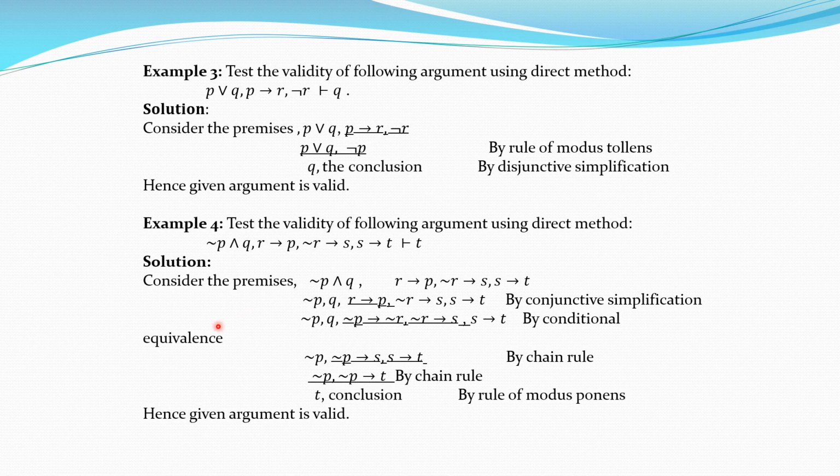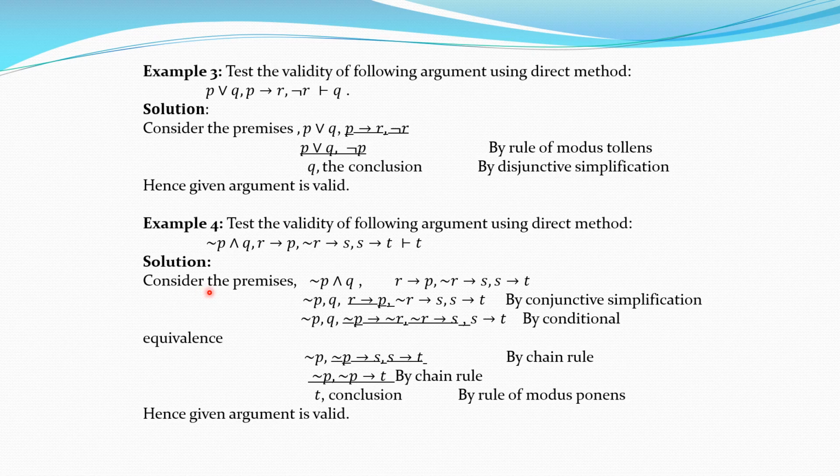Or you can consider negation P and Q as negation P, Q separately also. So there are many ways to apply the rules. It depends on the person. Someone can directly use the chain rule for these two implications or someone can split this. You can do it in any way, but finally we get the same T as a conclusion in this case.